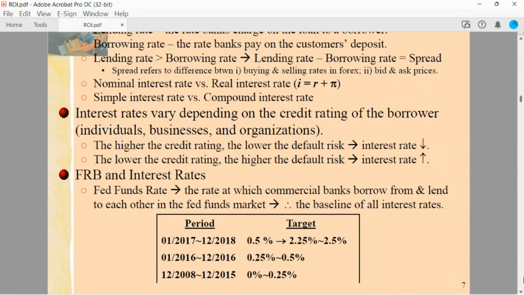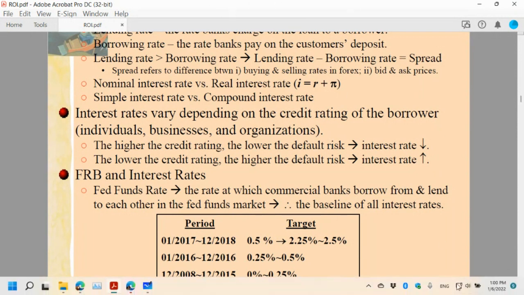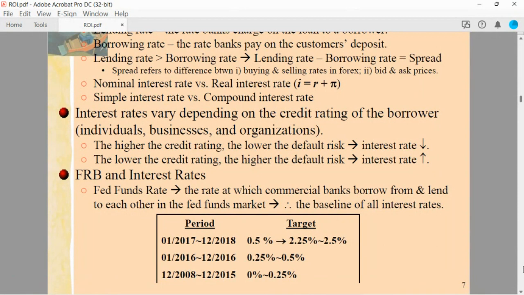And then the economy was doing well, and then in 2020, the pandemic hit. There was a brief recession, brief, right?